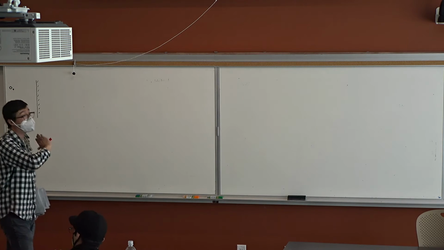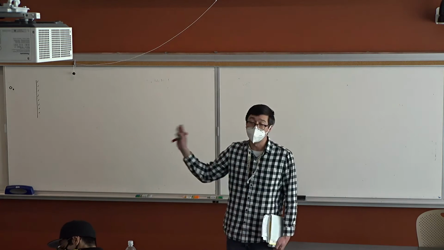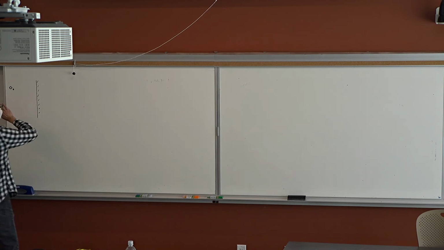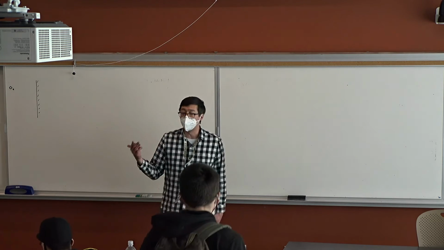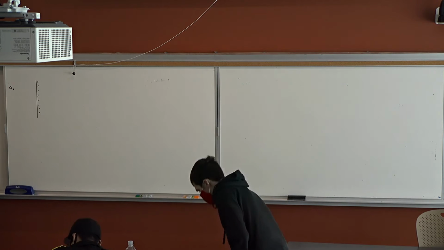But it could be any point on the object. In fact, every point on the object I want you to think is doing just this. We could say that every point is giving an infinite number of rays. One, this class isn't infinitely long, even if you think it is, and two, it would clutter the board too much to try. So I'm just going to draw a few rays.